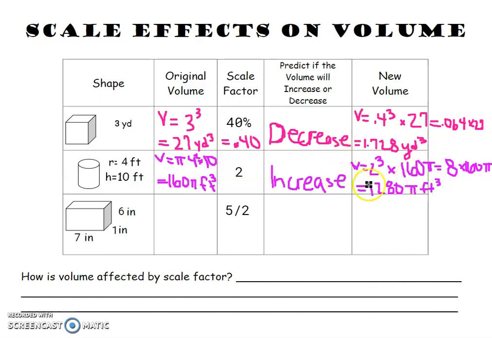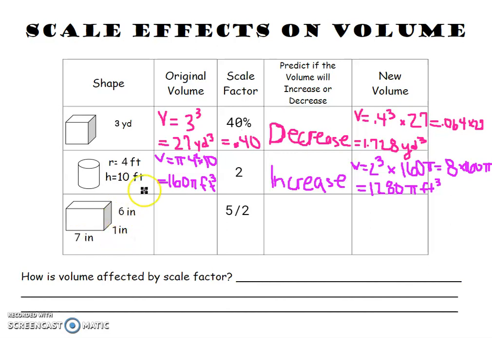So you should have already learned this doing perimeter and area. Like with area, your units would have been feet squared, so you would have squared your scale factor. Now we're doing feet cubed, so we're cubing our scale factor. They all kind of correlate.